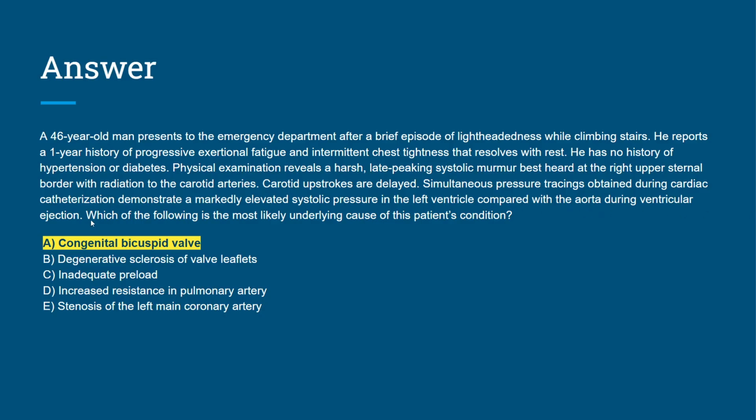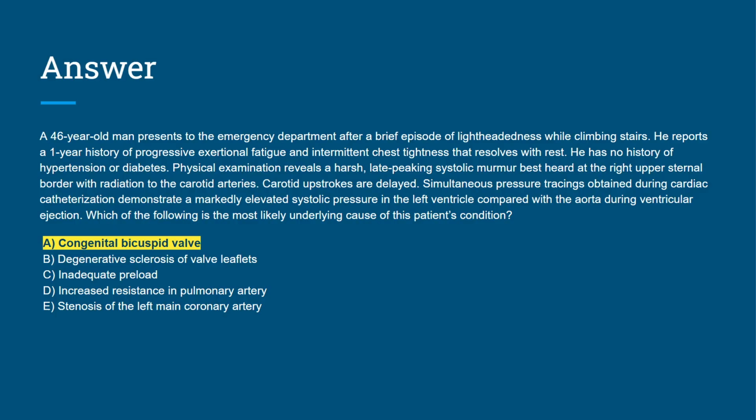And with all those clues, if you read it from down to top, starting with the last objective finding, the simultaneous pressure sentence, and then read up through the physical examination, it pretty much points you to aortic stenosis.